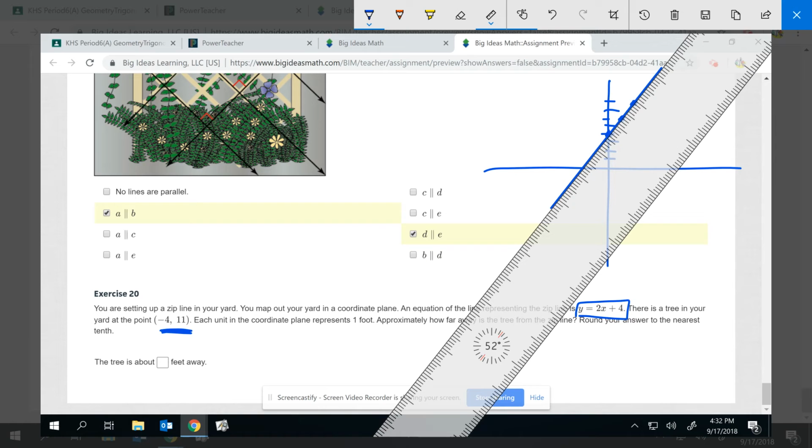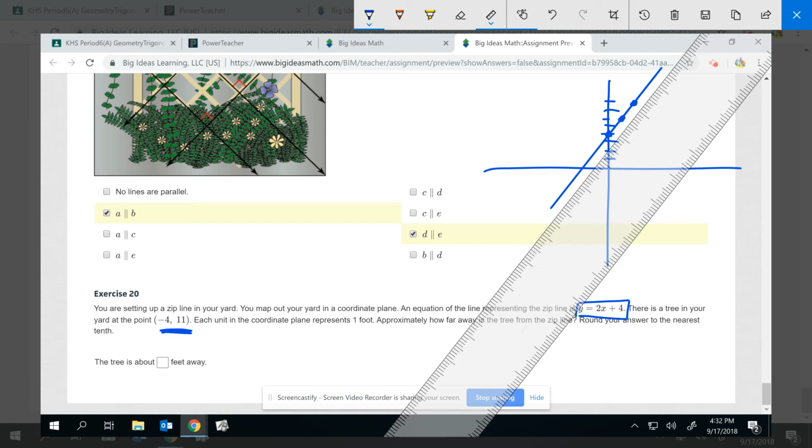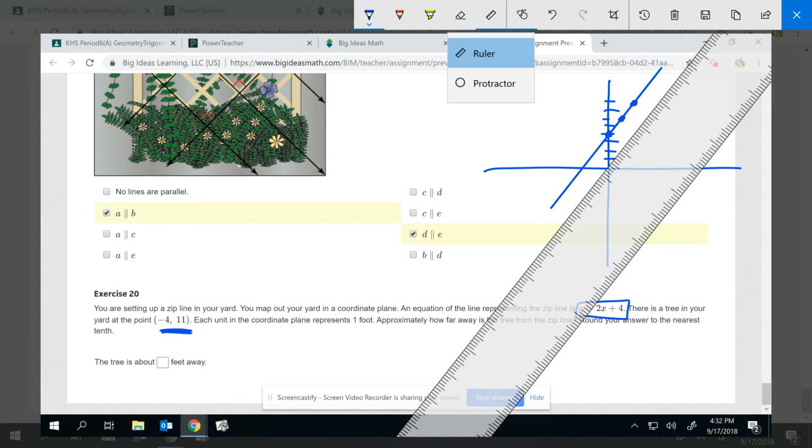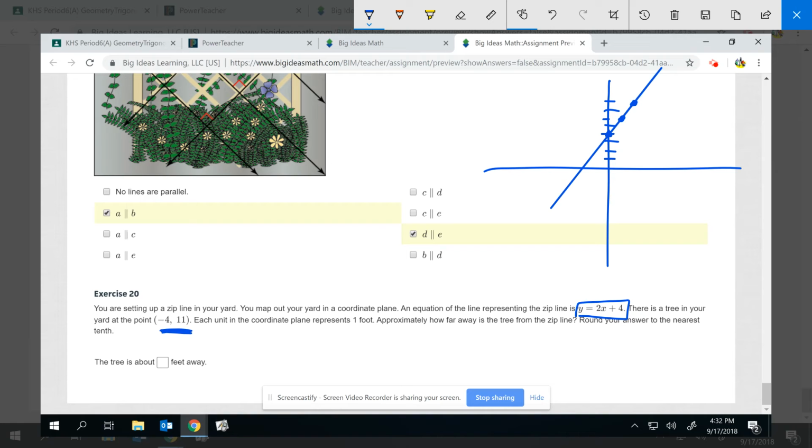Okay, so let's get rid of that now. Just touch it again, it goes away. Okay, and then we've got negative 4, 11. So let's see, 1, 2, 3, 4. That's way up here. Negative 4, 11.